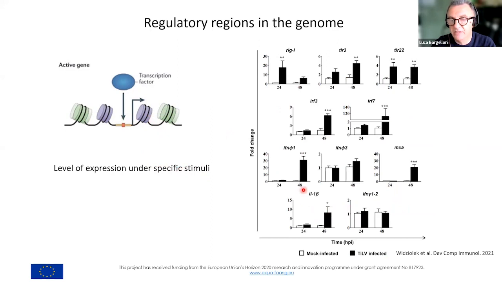In this case, for instance, there are several immune genes that respond to infection with tilapia virus. You see in the black bars the genes are upregulated, and in the control they are downregulated. This is very important because, in most cases, these intermediate phenotypes play a very big role in the classical traits, like in this case resistance or immune response.